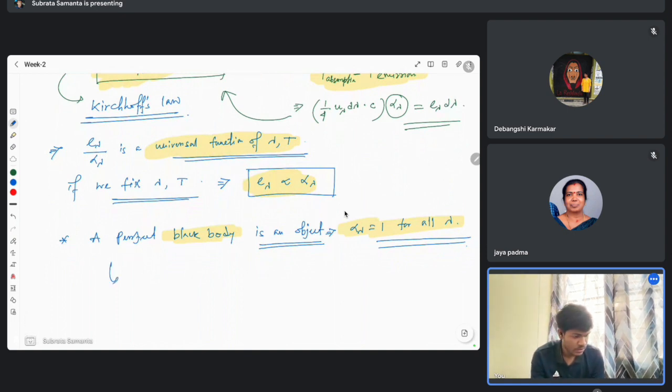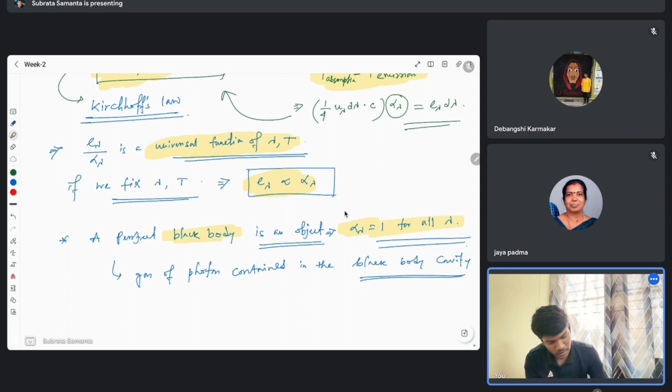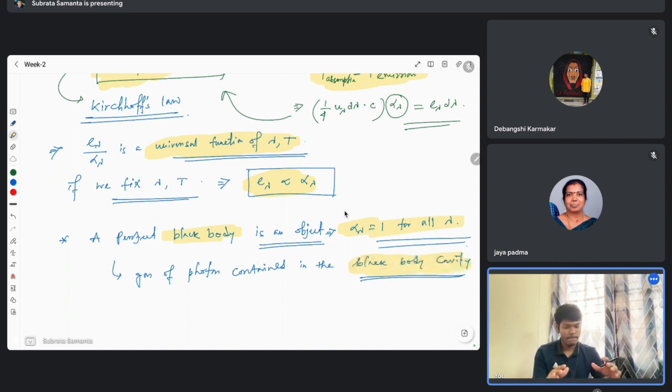The gas of photons contained in this black body cavity: a black body cavity is a cavity whose walls are perfectly absorbing, where alpha lambda equals 1. The gas of photons inside the cavity, because there is some radiation, is called the black body radiation.